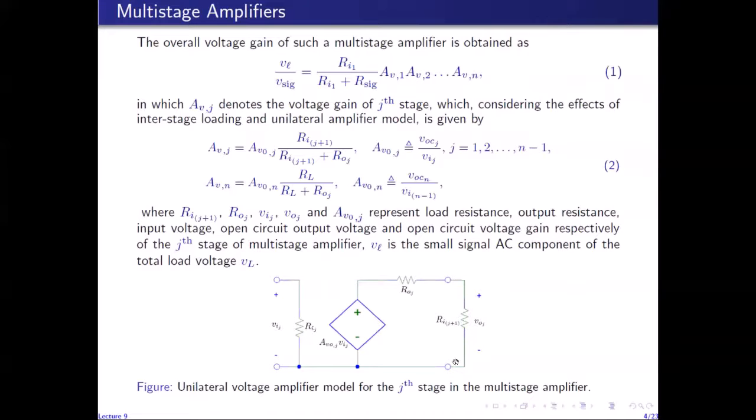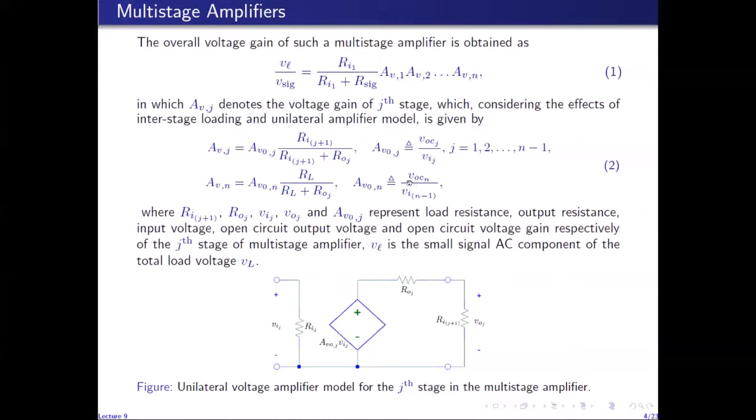You can see that if I remove this resistor, then VOCJ is actually equal to this voltage. So dividing by Vij, we get VOCJ over Vij as AV naught J. So this is the open circuit voltage gain of the jth stage, and similarly, this is the open circuit voltage gain of the nth stage.